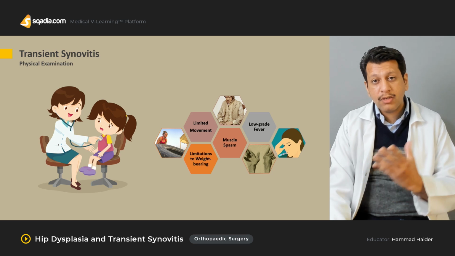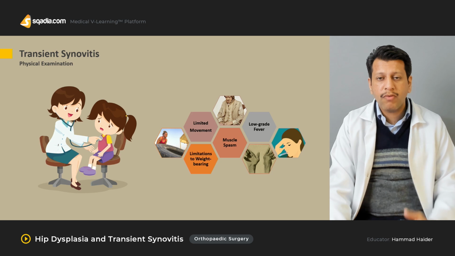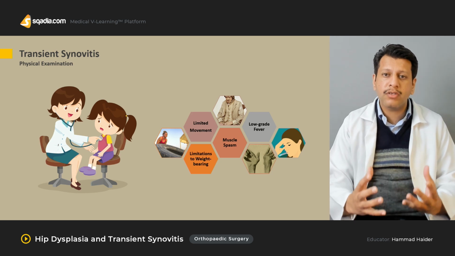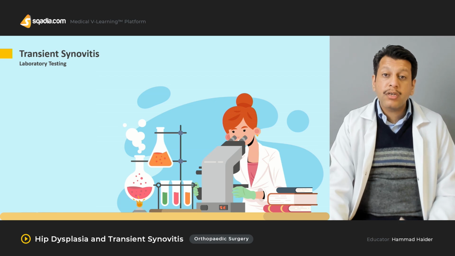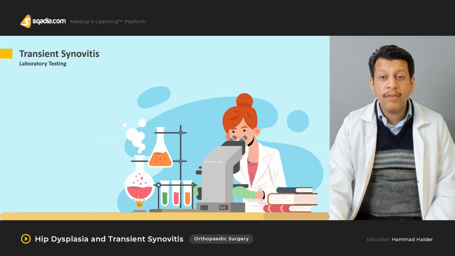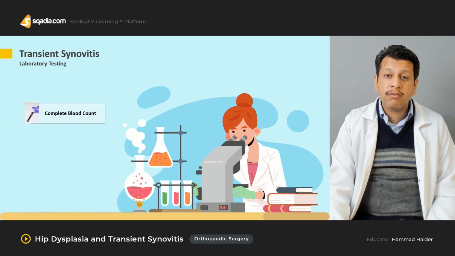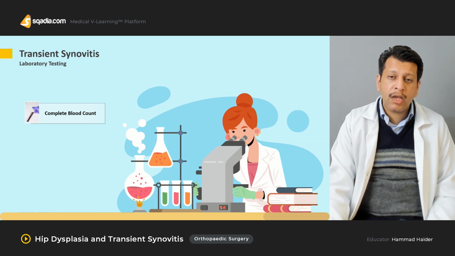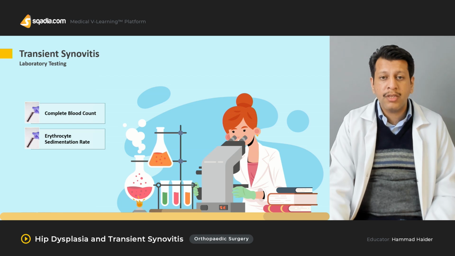Although fever actually points to some other causes as well, when associated with low-grade fever, one of the differentials could be transient synovitis. Now, what the testing is: whenever you have a fever, you must rule out infection. When we go for blood tests, which may include a complete blood count, it may be absolutely normal or show a mild increase in the TLC, but usually it's normal.